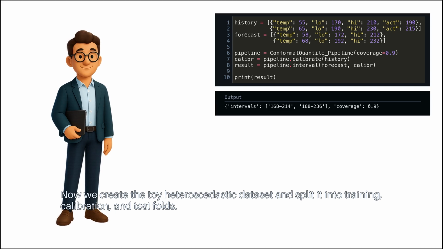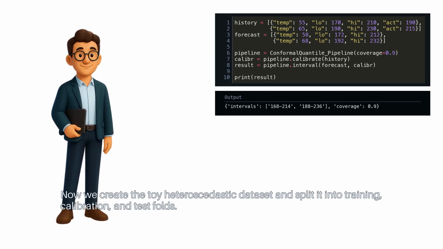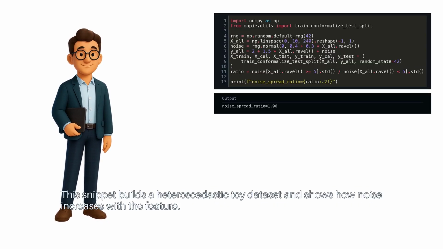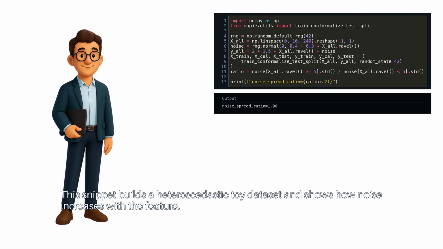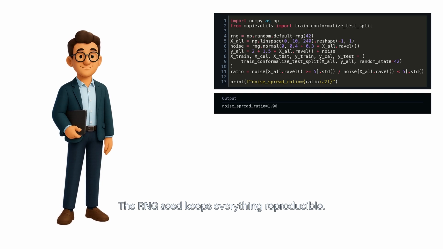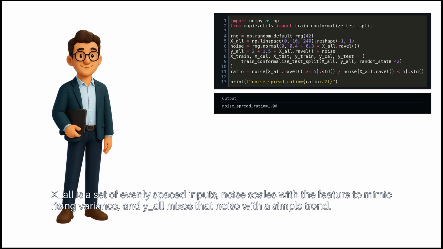Now we create the toy heteroscedastic dataset and split it into training, calibration, and test folds. This snippet builds a heteroscedastic toy dataset and shows how noise increases with the feature. The RNG seed keeps everything reproducible. X_all is a set of evenly spaced inputs.